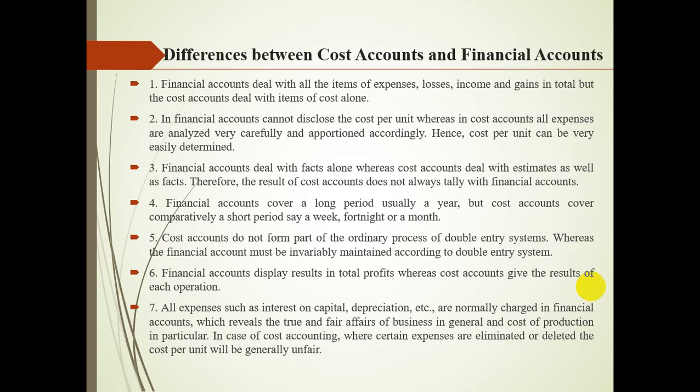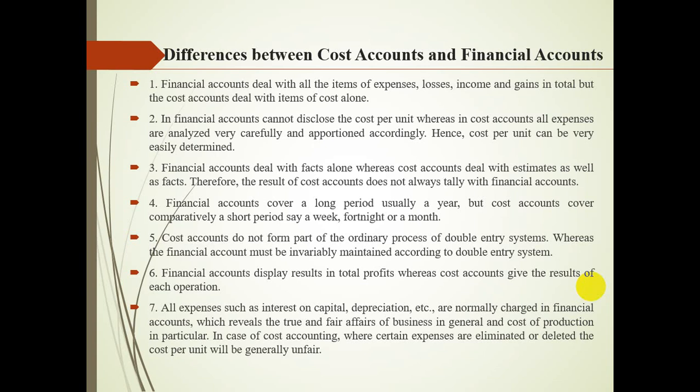Cost accounting can easily be defined and prepared even for a single unit of cost, but financial accounting for a unit is difficult to prepare. It needs very clear-cut analysis, and we should be more careful about that. Financial accounting deals only with facts and numbers, nothing else.